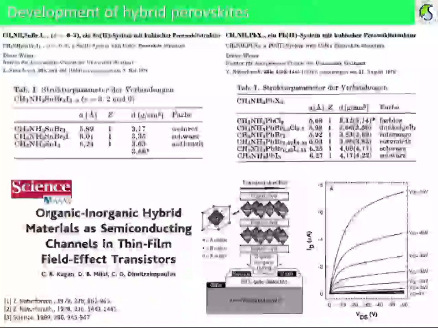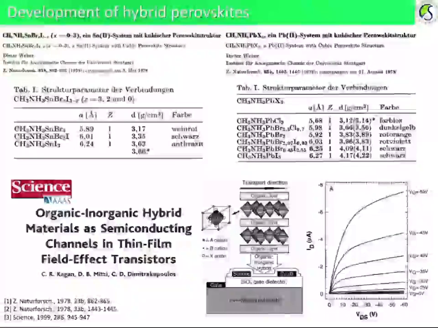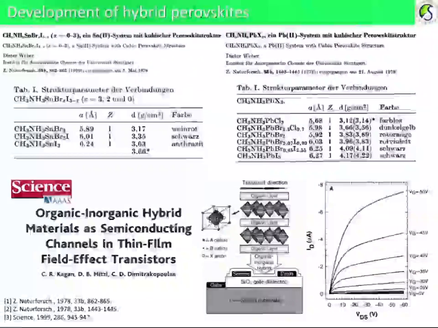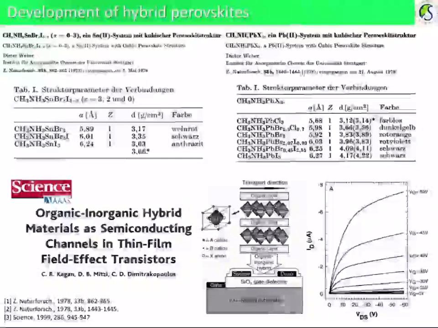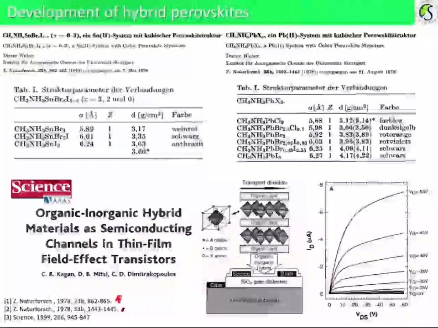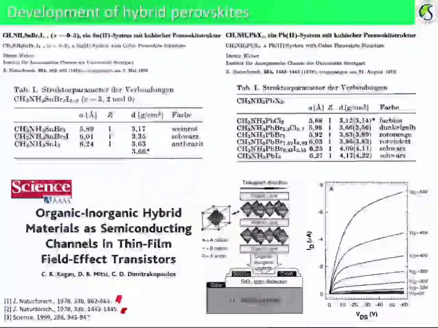Followed by the discovery of the oxide perovskite, the halide perovskite was synthesized much later. Especially the organic-inorganic hybrid perovskite, which is nowadays commonly used for the perovskite solar cell, was first synthesized in 1978 by a German scientist.